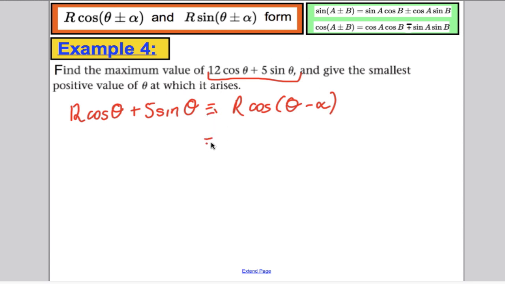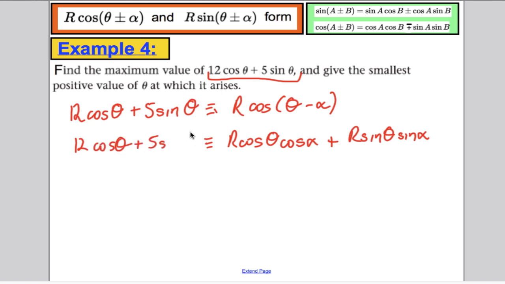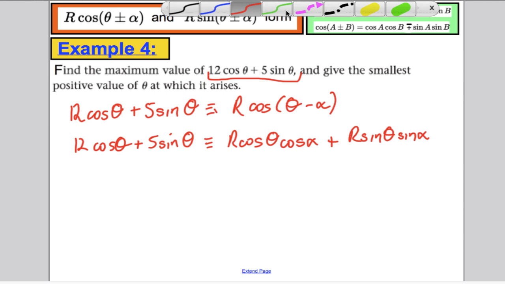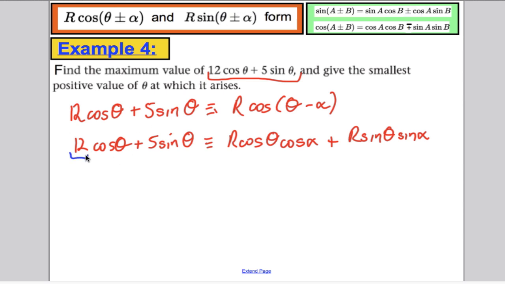If you expand that out, you would get r cos theta cos alpha plus r sine theta sine alpha. And then you could compare coefficients as we've done previously. You could say that 12 must be r cos alpha, and 5 must be r sine alpha.